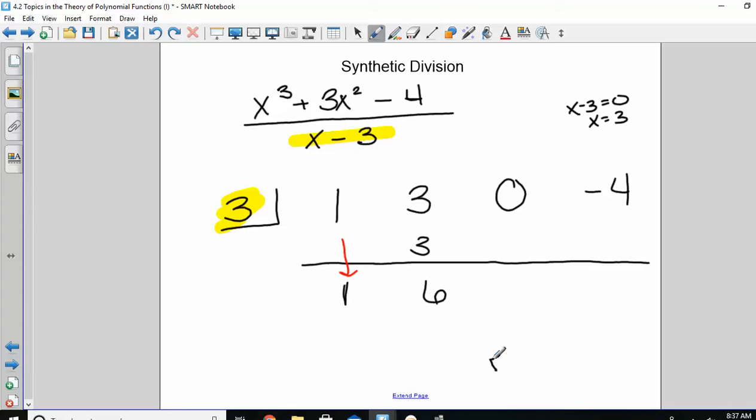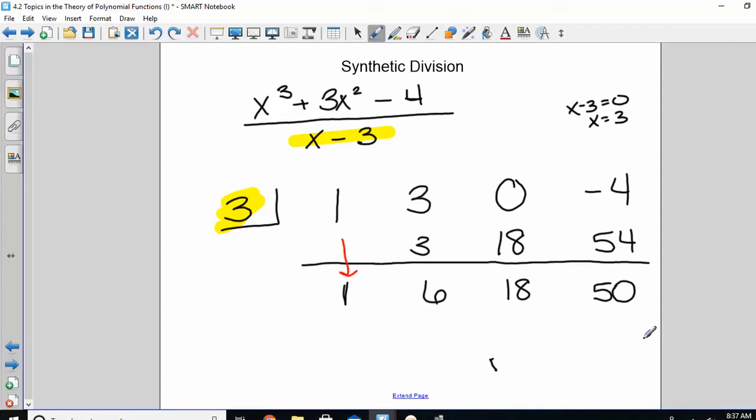Multiply. 6 times 3, 18. Add. 0 plus 18 is 18. Multiply. 18 times 3, 54. Add. -4 plus 54 is 50.